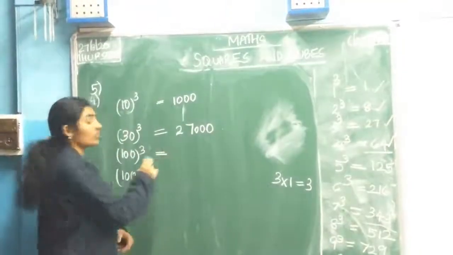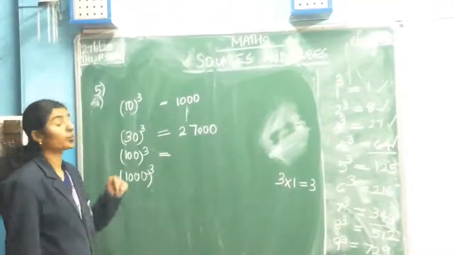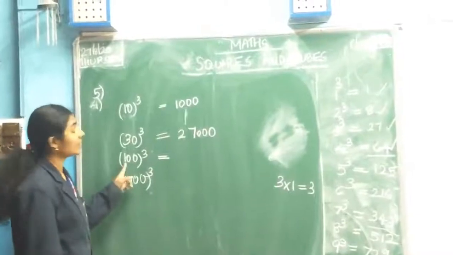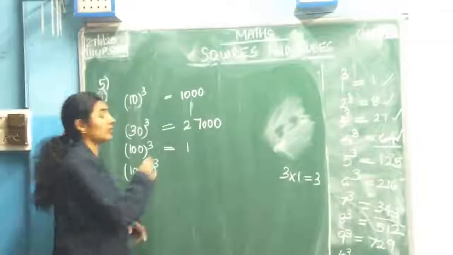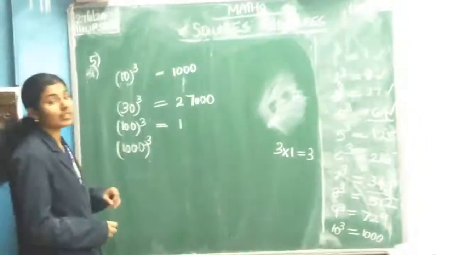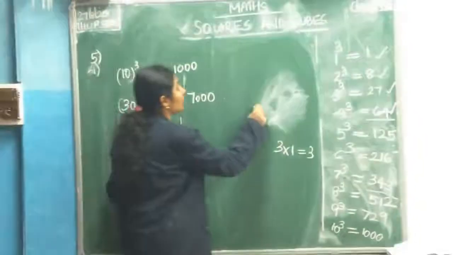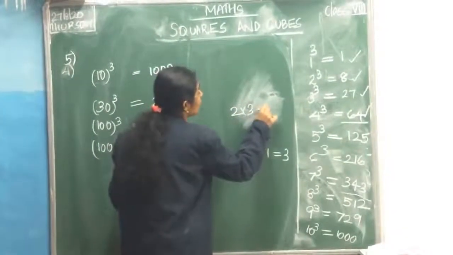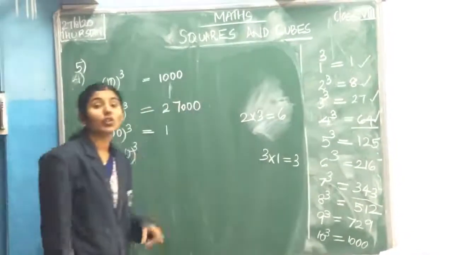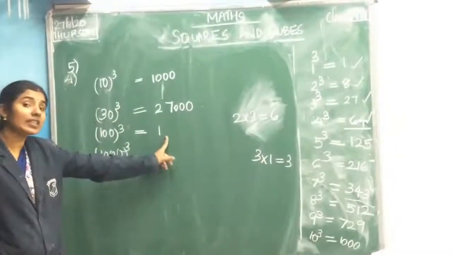Next one, 100 cube. Which is the digit other than 0? 1. What is the cube of that? 1. In total how many zeros? 2 zeros. What is 3 times that? 2 3s are 6. So in total how many zeros should you write in this result?